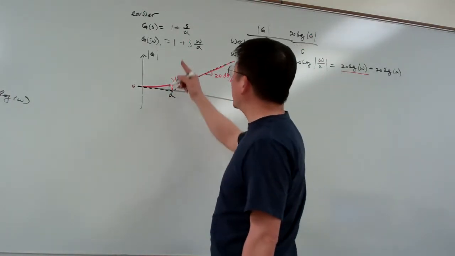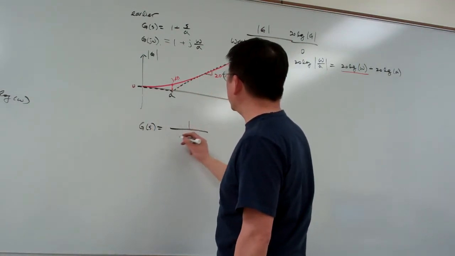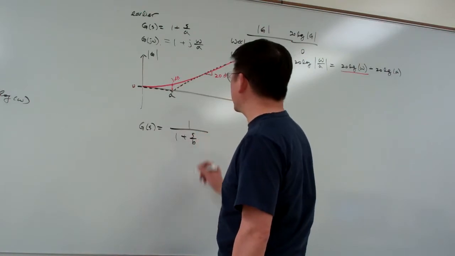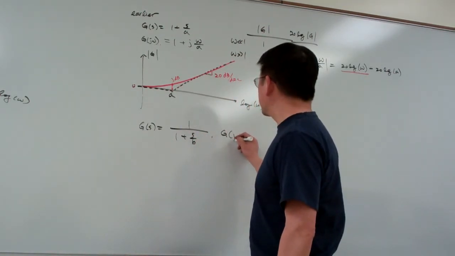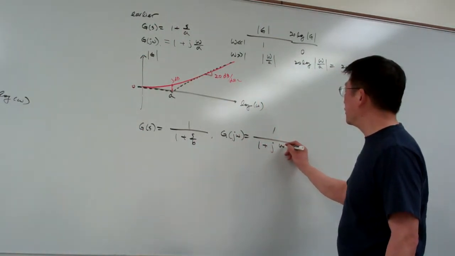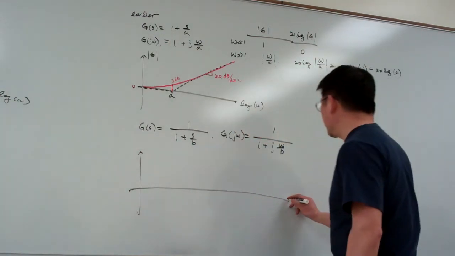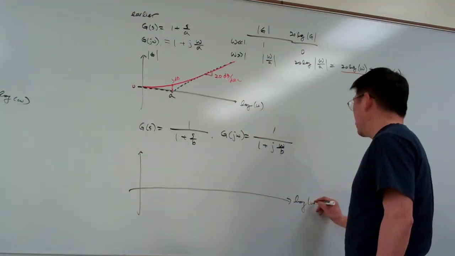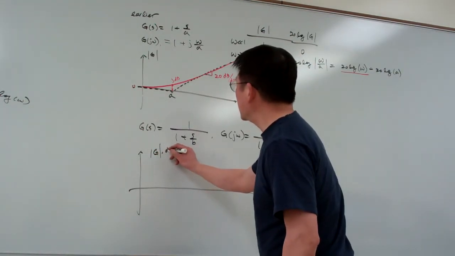And in a similar way for G(s) equal to 1 over 1 plus s over B, G(j omega) equals 1 over 1 plus j omega over B. For this case, the same thing we've seen before. This is log omega, and this is G in dB.